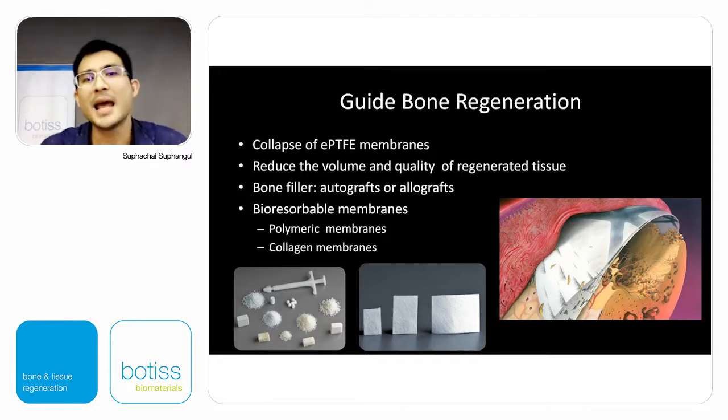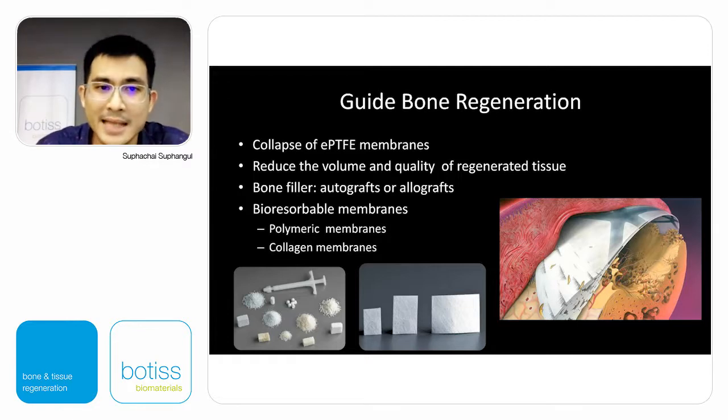After that, they got the problem of membrane collapse, that is, loss of the volume and the quality of the regenerated tissue. That's why we have the bone filler, such as, in the beginning, autograft and allograft, and then we developed the use of xenograft and synthetic materials also.